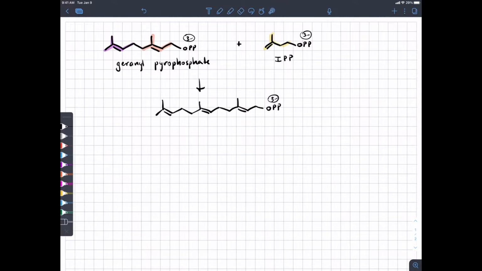in isopentenyl pyrophosphate. The mechanism here is going to be one that we discussed last time.